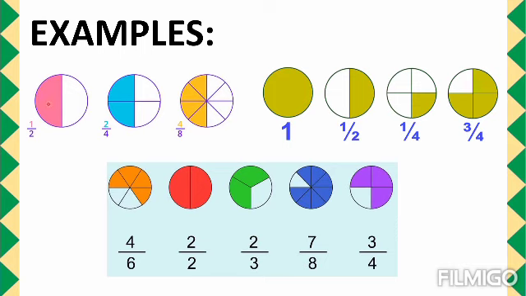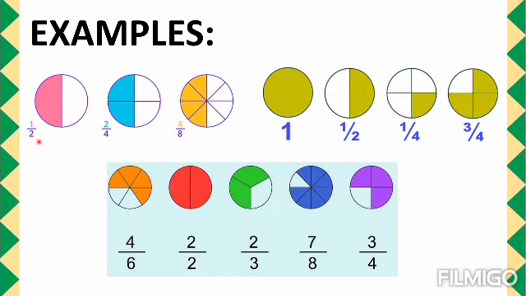This is 1/2 simply because our numerator is 1: the circle is divided into two parts and only one part is shaded or taken. So this pink color is our numerator, which is 1. And the circle is divided into two equal parts, so our denominator is 2. Therefore this fraction is 1/2.